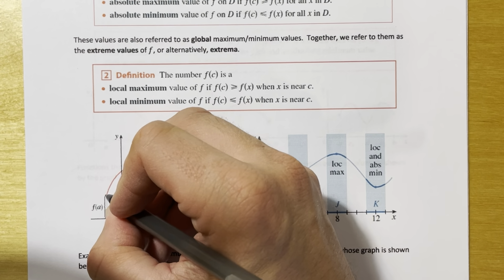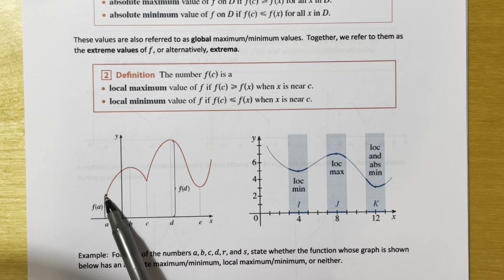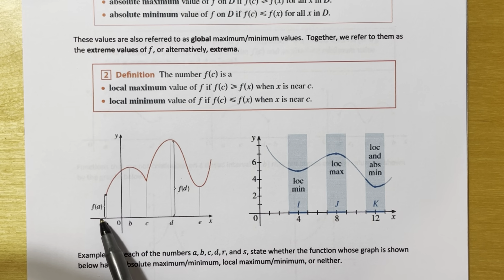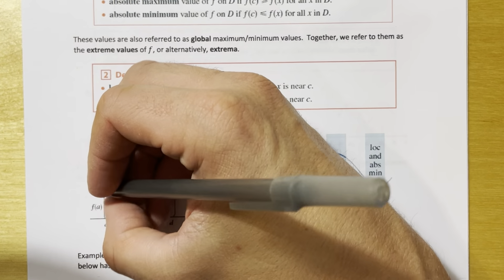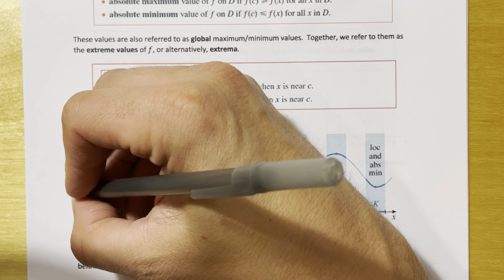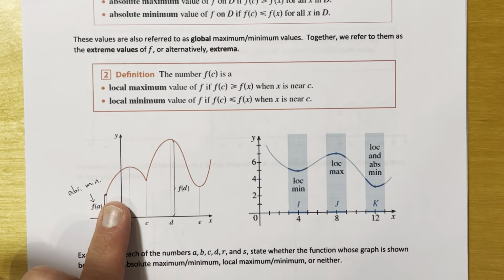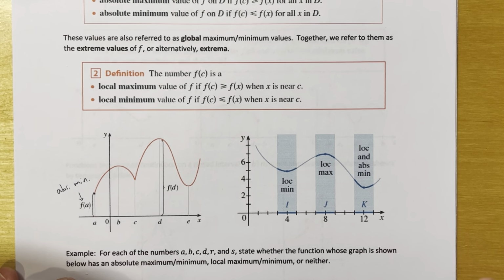Right there is the lowest point. That means f of A is the smallest output in this entire function. If we think of everything that's shown as representing the entire function, that would make f of A an absolute minimum. Okay, it's the lowest point, or it's the smallest output anywhere that I can see on this graph.